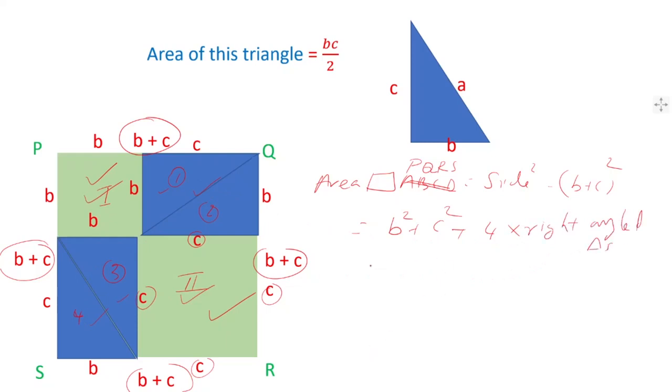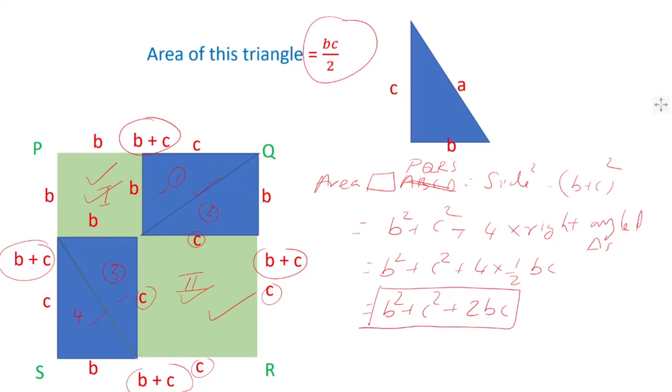In that case, I have to write B square plus C square plus 4 into, we know the area of this is equal to BC upon 2 or half BC. Correct? This is equal to B square plus C square plus 2BC.